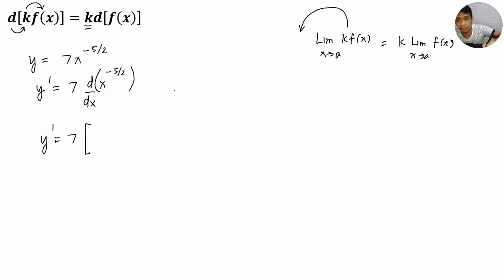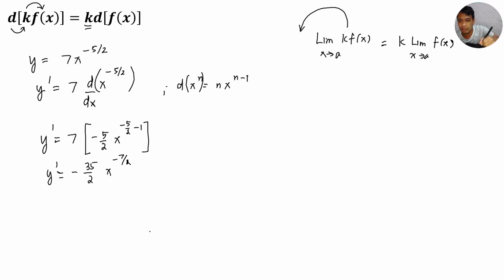Gagamit tayo ng principle na derivative of x to the n is equal to n x to the n minus 1. So again, pupunta lang yung exponent sa unahan, it becomes negative 5 halves times x raised to n, which is negative 5 halves, minus 1. So you subtract 1 from negative 5 halves. So y prime here is negative 35 over 2 x raised to negative 7 halves, because once you subtract 1 from negative 5 halves, it becomes negative 7 halves.